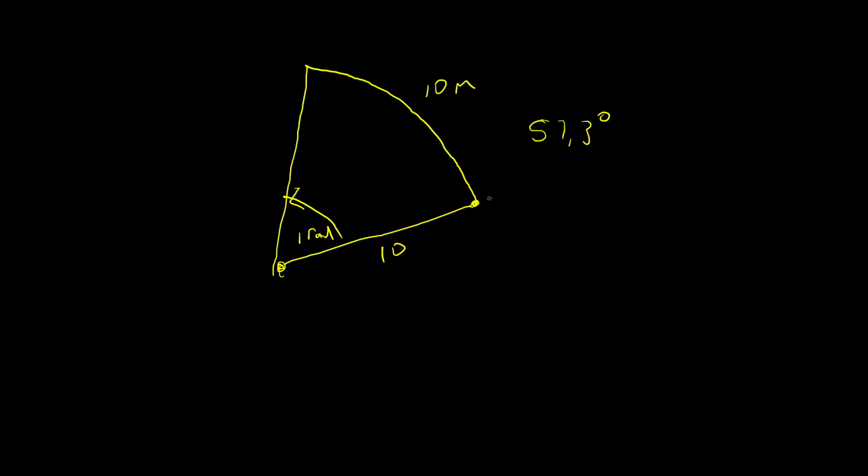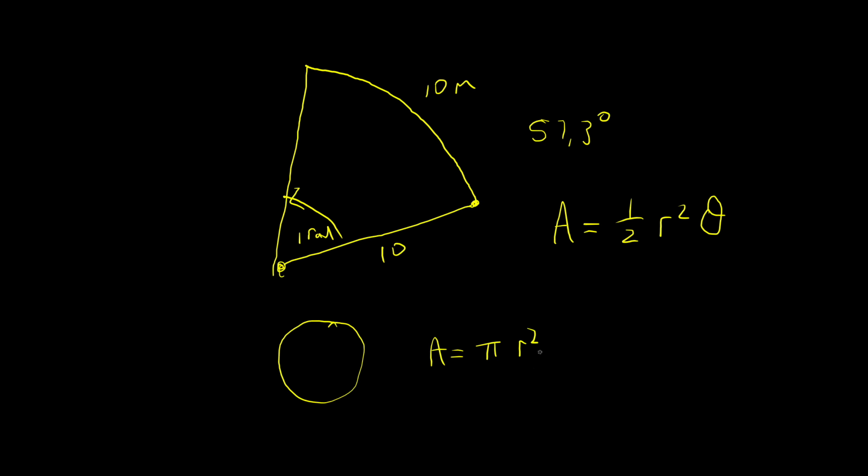Okay, so the other formula that we'll use quite a lot is to calculate the area. To calculate the area, we can use the formula half radius squared times the angle. So again, if we go back, what is the area of a complete circle? We know that a circle's area is equal to pi r squared.